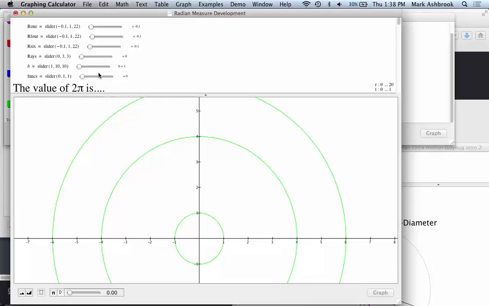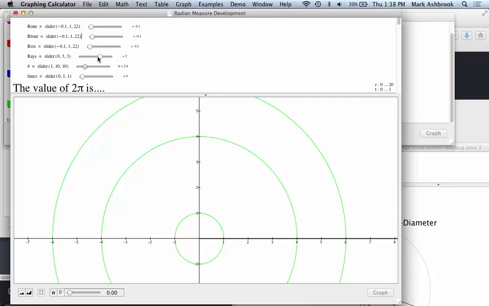Okay, so last time we said that we have this angle, and the initial side of the angle is going to be pointing at the 3 o'clock position as if on a clock. So that's our initial angle.